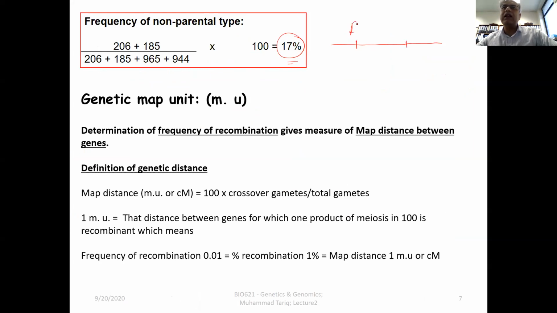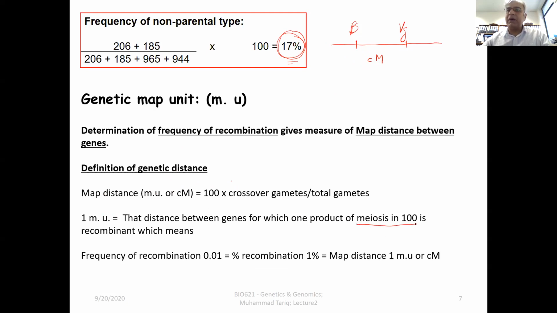So black and vestigial, this percentage of recombination is dependent on this distance, and they name this distance centimorgans.